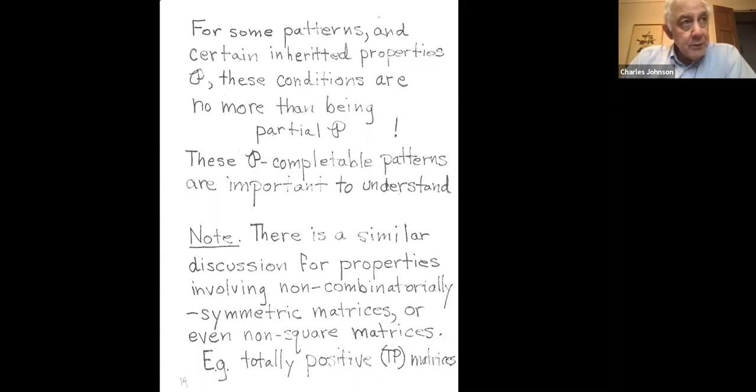And we found that, okay, total positivity is a polynomially checkable property, all right, but the property of being partially TP is not, in general, polynomially checkable.